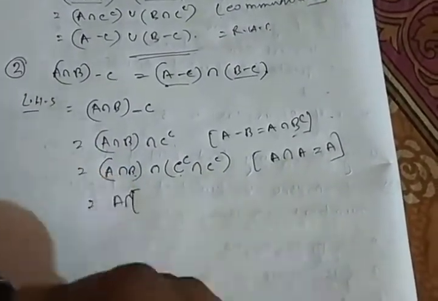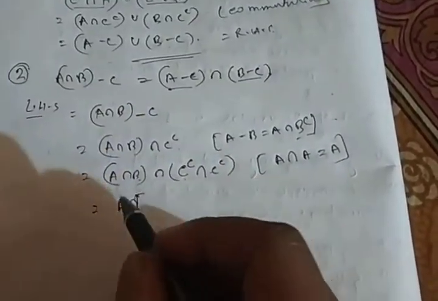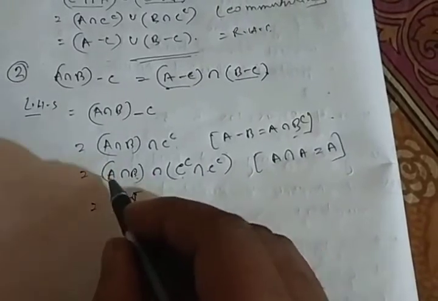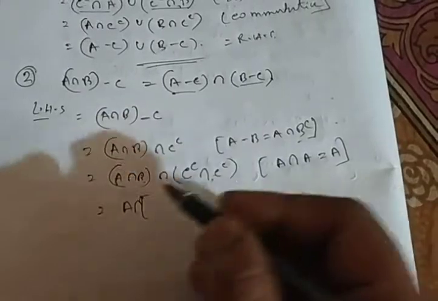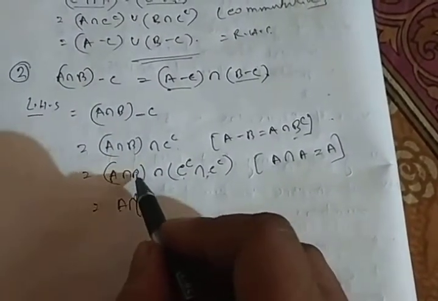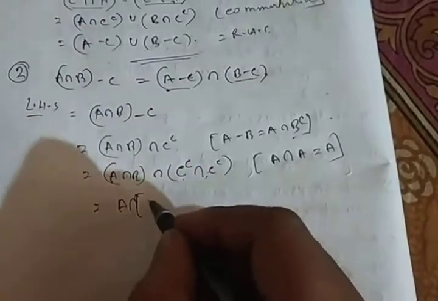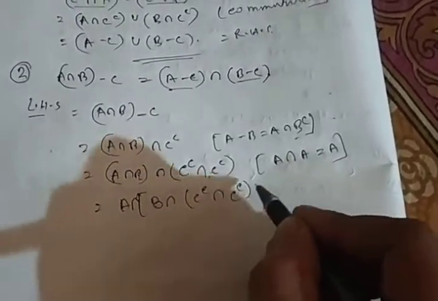Here all are intersections, so the associative law can be used. We write A separated and B associated with this term, so B intersection C complement intersection C complement.